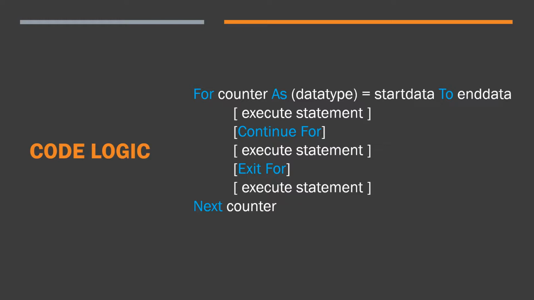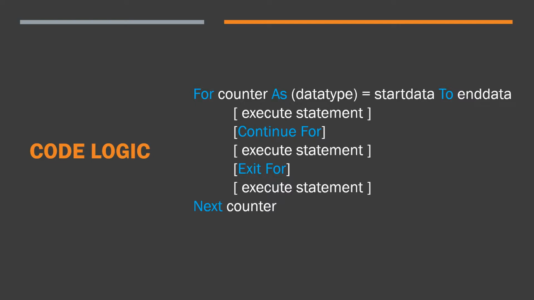The Continue For and Exit For clauses are most of the time used to skip a certain variable or statement under a certain condition, but we're not going to be using them in this example. Once the loop has been done, it goes straight out as the next counter of the data.